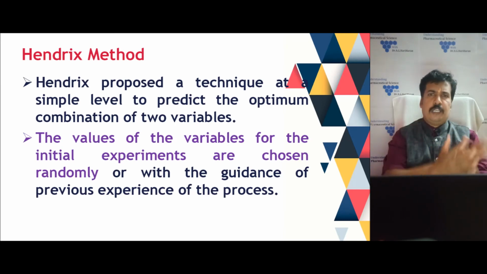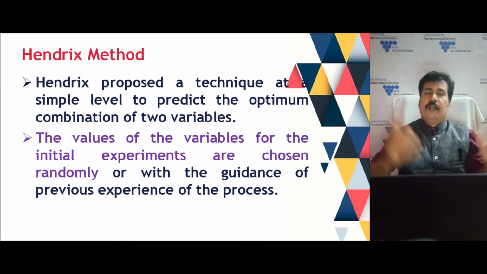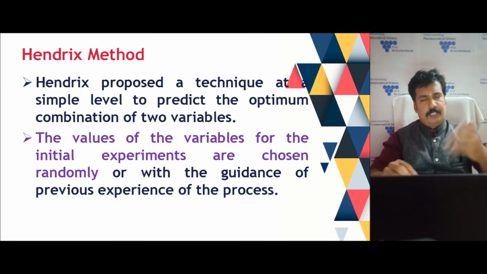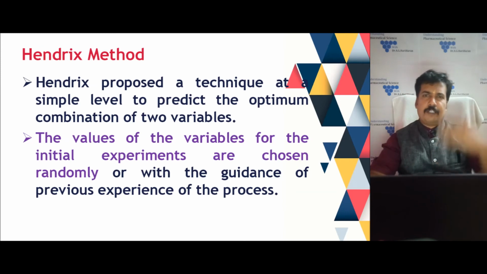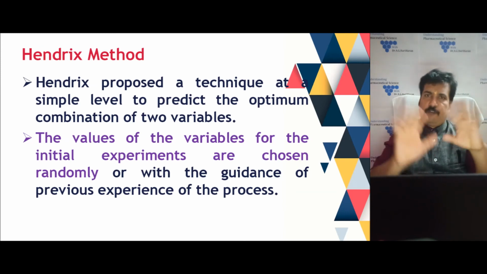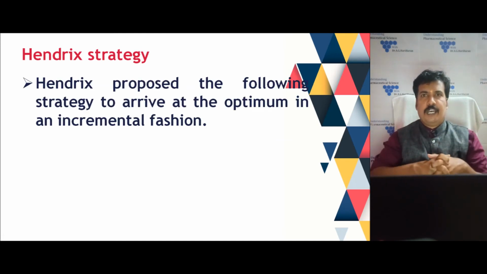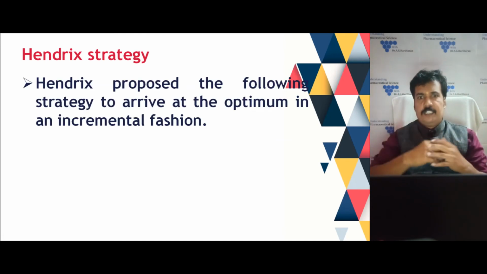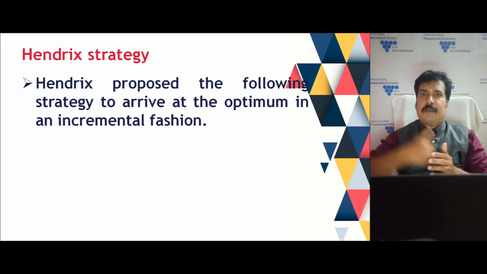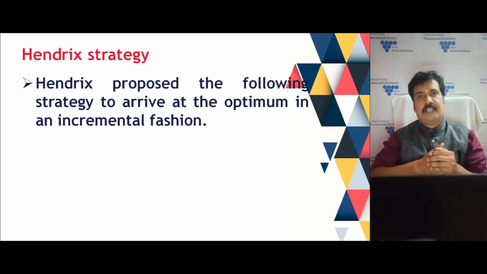You can choose any value at any point and perform experiments, or you can choose values guided by previous experiments. Hendrick's strategy was simple: he proposed a stepwise strategy to find the optimized concentration in an incremental fashion.